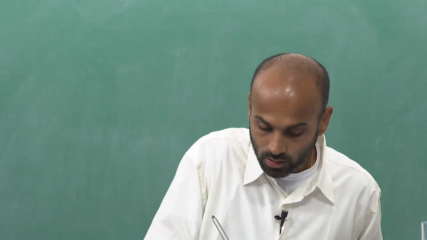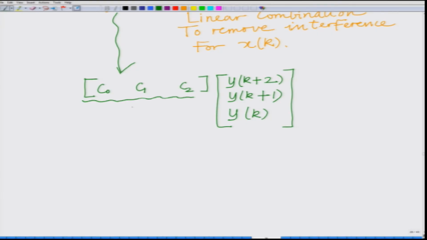Now look at this: this row vector is nothing but C bar transpose, the transpose of the equalizer vector, times y bar of k. So, this is basically C bar transpose y bar k.